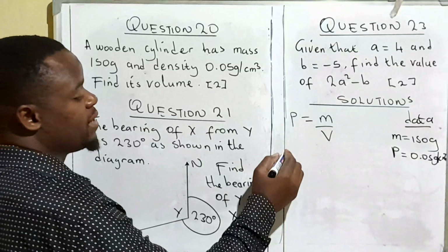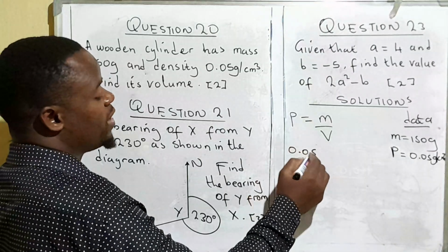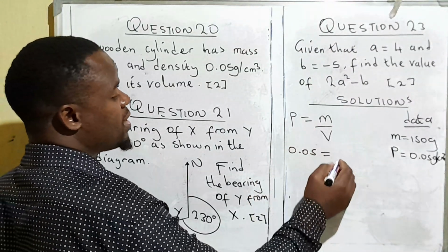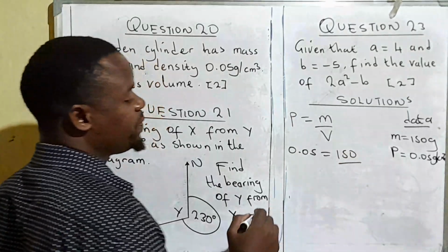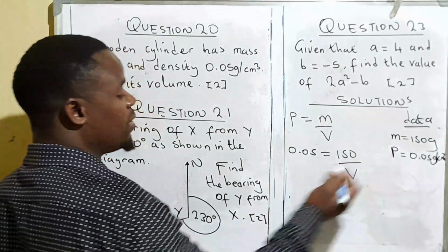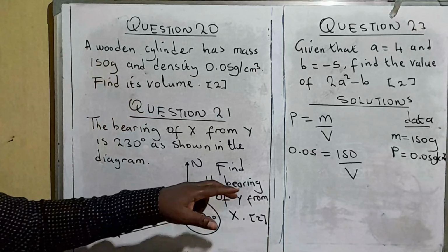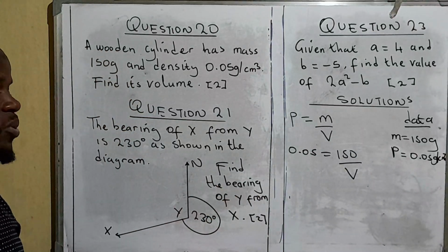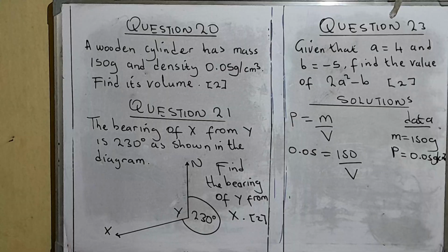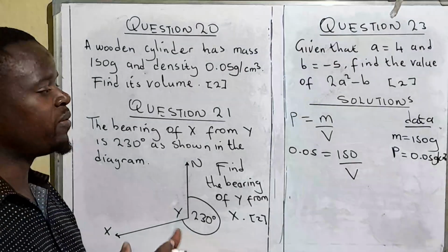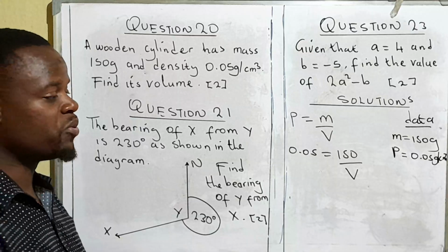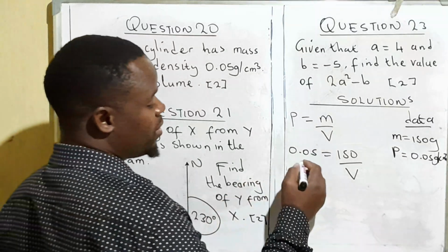Density has been given as 0.05, and then mass has been given as 150 over volume. So when you reach this point, you simply introduce the 1, then cross multiply. We are cross multiplying so as to get rid of the fractions. When we get rid of the fractions, we will be able to resolve this pretty well.